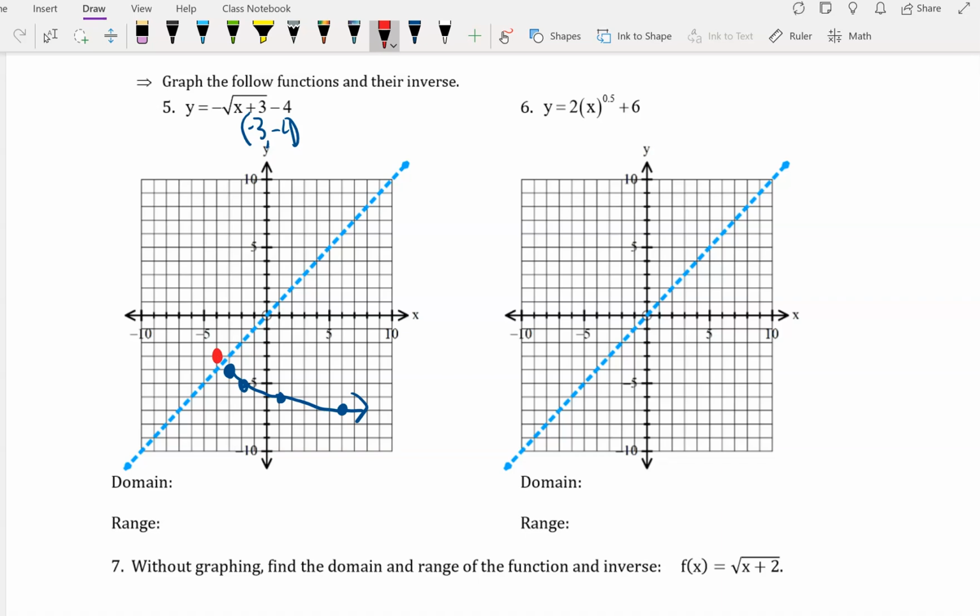And then instead of the point -2, -5, it's going to be -5, -2. And then instead of 1, -6, it's going to be -6, 1. And then my last point that I drew was 6, -7, so it's going to be -7, 6.